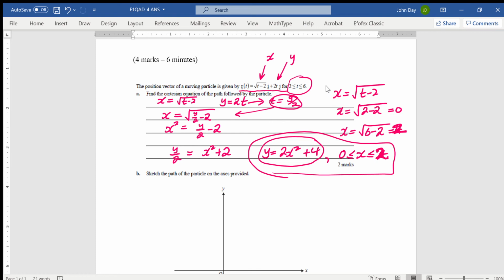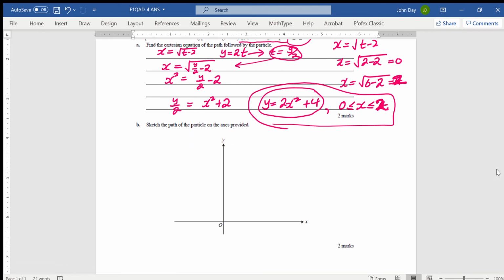When it's 2, 2 times 2 squared, 2 times 4 is 8 plus 4 is 12. It's got to get up to 12, and it's got to go across to 2. So how about we just go 2, 4, 6, 8, 10, 12 there. We can have the axes with different scales.